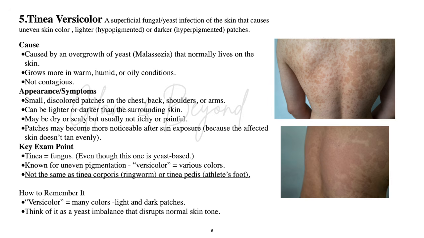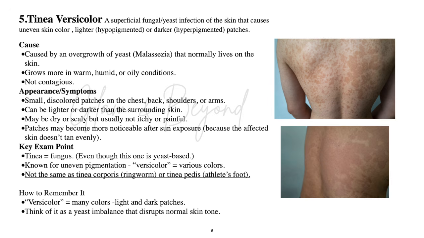What are some of the causes? Well, it's caused by an overgrowth of yeast that normally lives on the skin, grows more in warm, humid, or oily conditions. Tinea versicolor is not contagious.